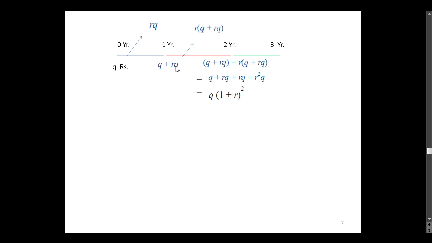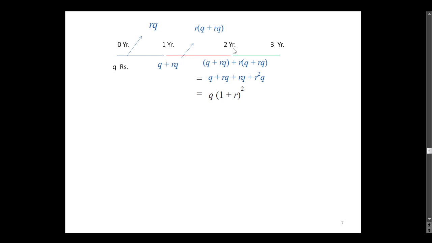Okay. Now in the compound interest, what happens? The present amount will be considered, and that present amount will be Q plus this interest, that is RQ. And for the next year, second year, the interest on this will be R into (Q plus RQ).